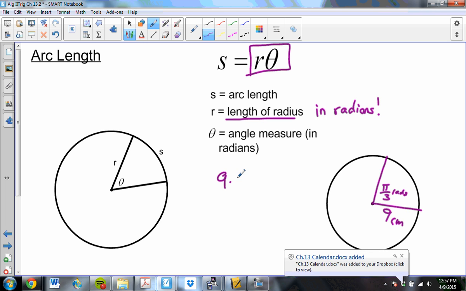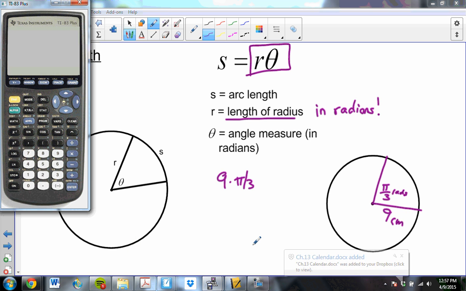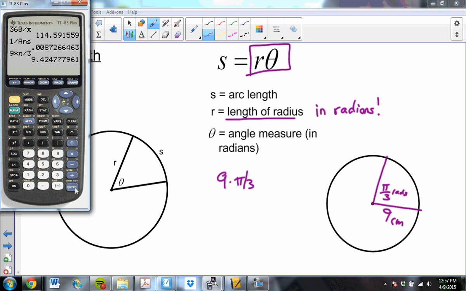If I do 9 times pi over 3, however, and I'll just live with the decimals here because I want an actual length. 9 times pi divided by 3. 9.42. So this arc length here would be 9.42 centimeters. That's how long this actual curve right here is.